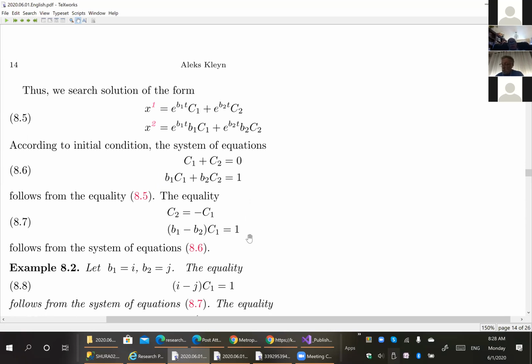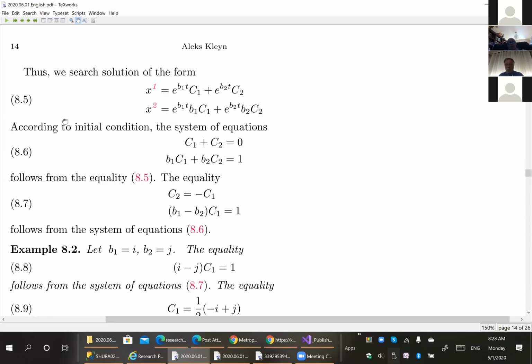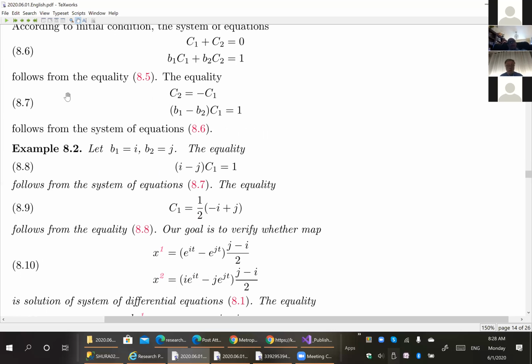And for instance, let B1 equal i, B2 equal j, and when I solve these equations, I get the solution in the form x1 equals the difference of two exponents times (j minus i) over 2, and a similar expression for x2.